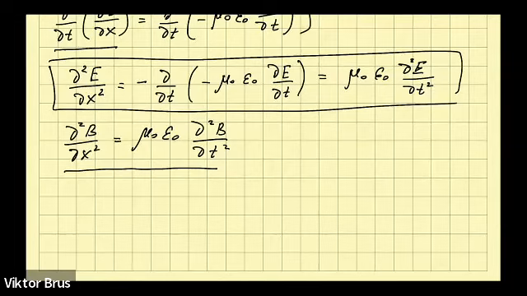It will be d square y over dx square equal to 1 over v second power times d square y over dt square.